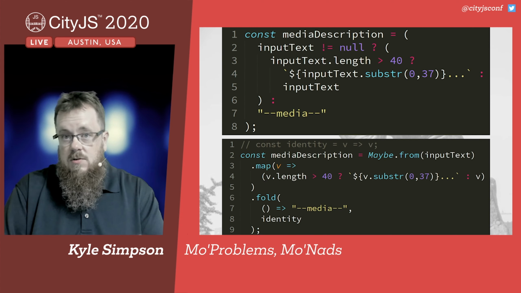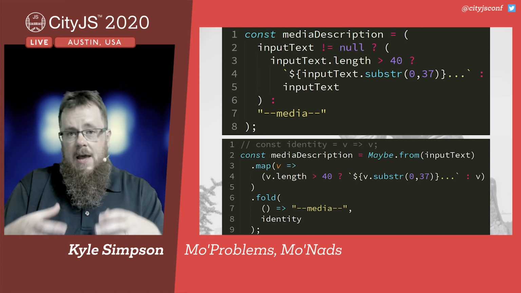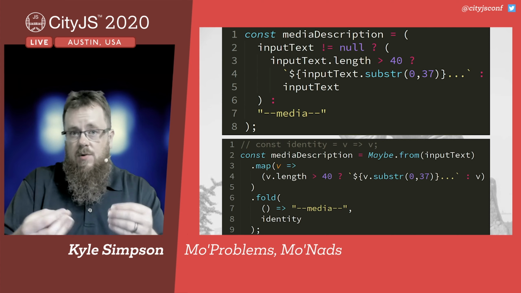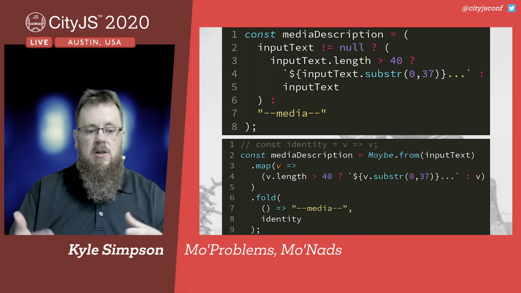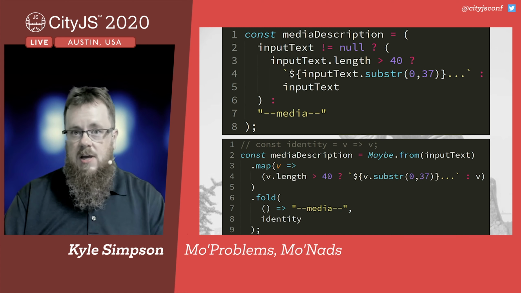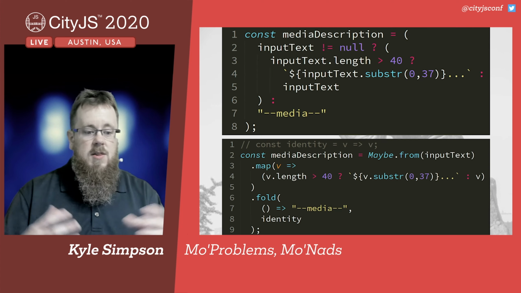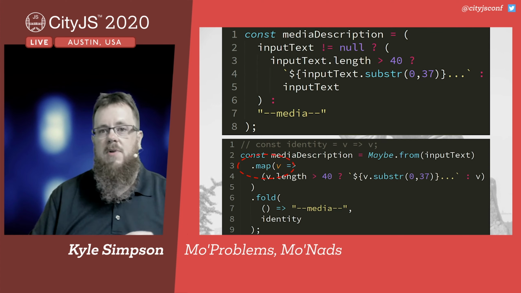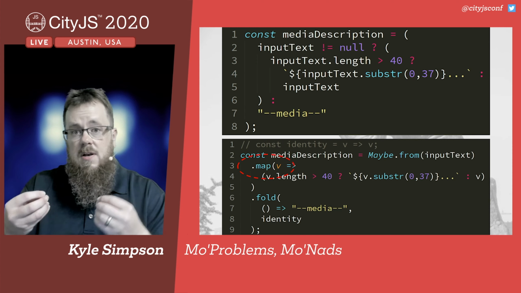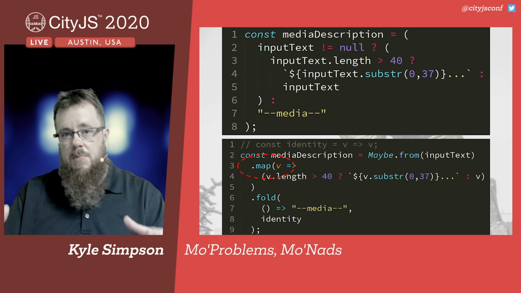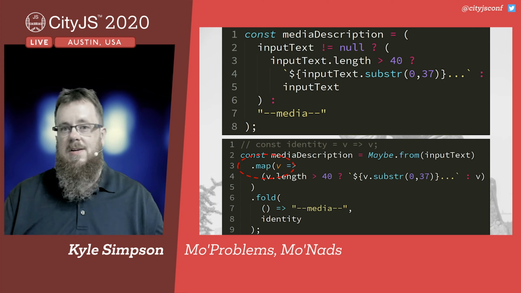There's only one value to be mapped over, but what we're saying is, if I have a maybe just, I want to invoke this map method to do something on top of it, and that's the selection logic to decide if I need to truncate the string with an ellipsis or not. Now, the cool part about this map call that's happening on line 3 is that if under the covers that maybe.from had produced a nothing value, then the map call that comes right after it is just a do nothing.